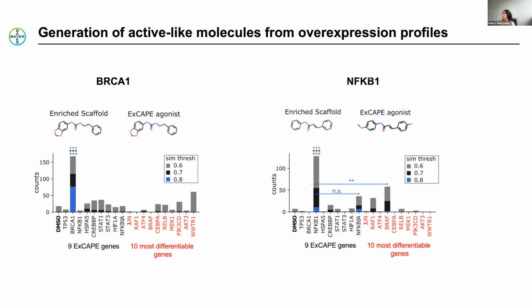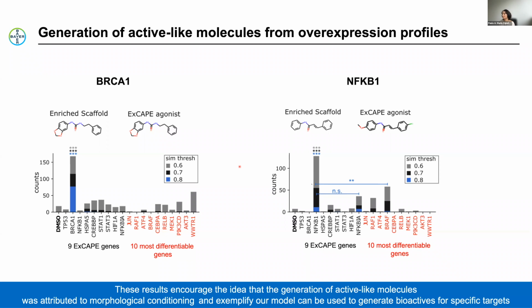And the same for NF-kappa beta, with only non-significant differences when we condition on another gene, so NF-kappa beta 1A. So at the end, these results really encourage the idea that the generation of these active-like molecules was attributed to the morphological conditioning, and it also exemplifies how our model can be used to generate bioactives for specific targets.